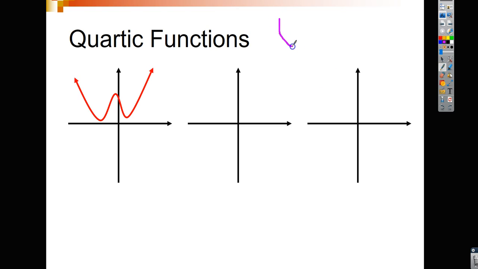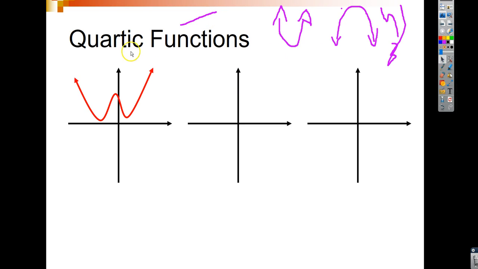The x squared looked like this, not very pretty, but you get the idea. Or like this, both arms up, both arms down. Cubic had one arm up and one arm down, and that's an odd exponent. Just like linear is an odd exponent, and it has one arm up and one arm down.